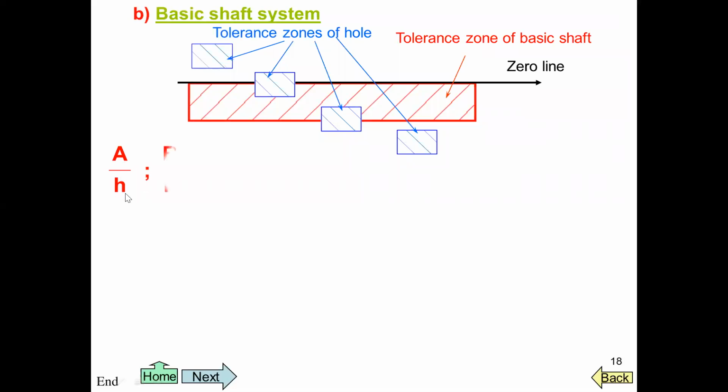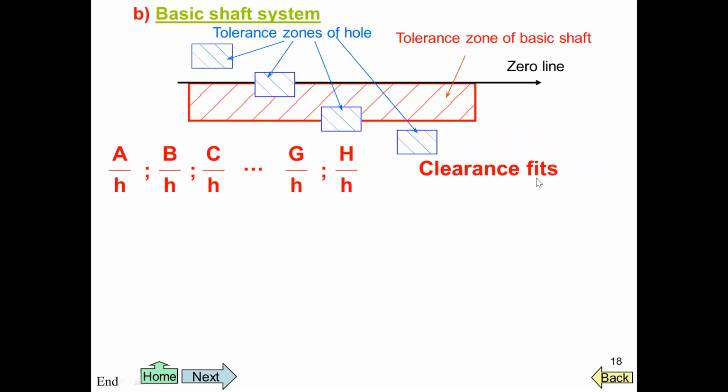A over S, B over S, C over S, and so on. All fits are clearance fits because the tolerance zone of the hole is above the tolerance zone of the shaft.